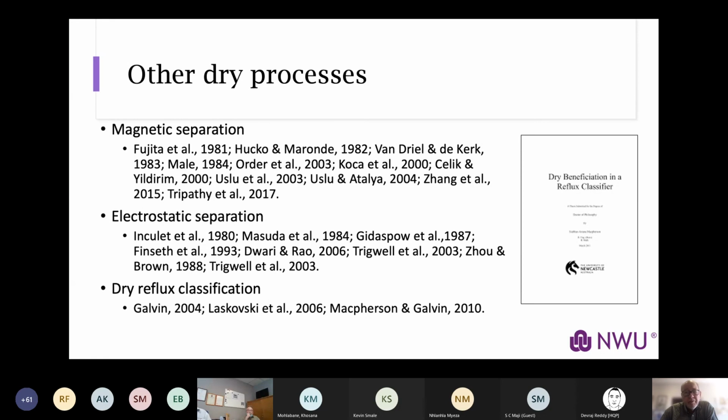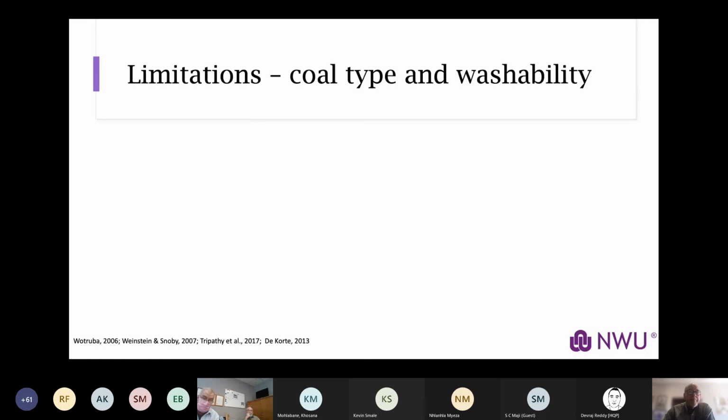So you have to pulverize the coal for electrostatic separation to be effective, by the way. So it's outside of the scope of, I think, what we're chasing for at big scale thermal coal preparation or export coal preparation. But if you want to go into ultra cleaning of coal, then certainly magnetic and electrostatic separation is the way to go.